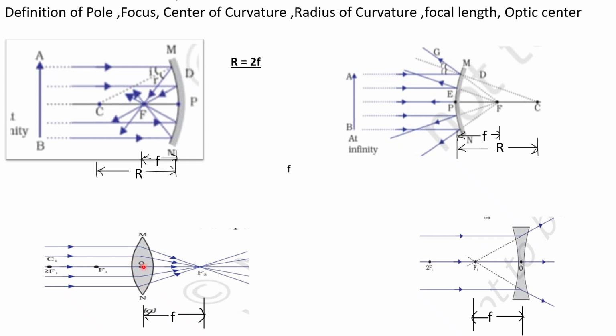And now we'll see the optical center. See, O is the optical center. It is the central point of a lens. And the ray of light that passes through the optical center will pass without any deviation. So this ray will not have any deviation. See, it is going straight. Here also, this ray is going straight.